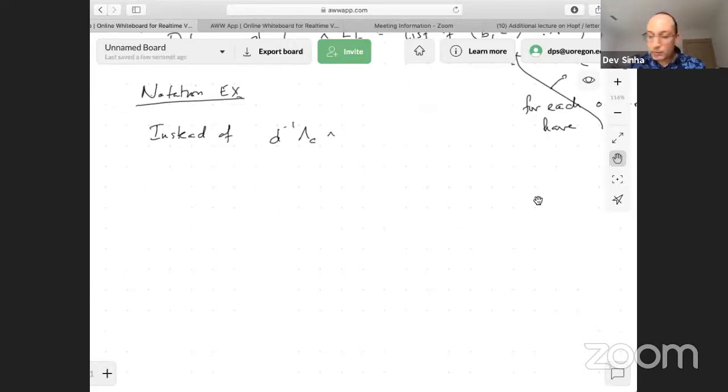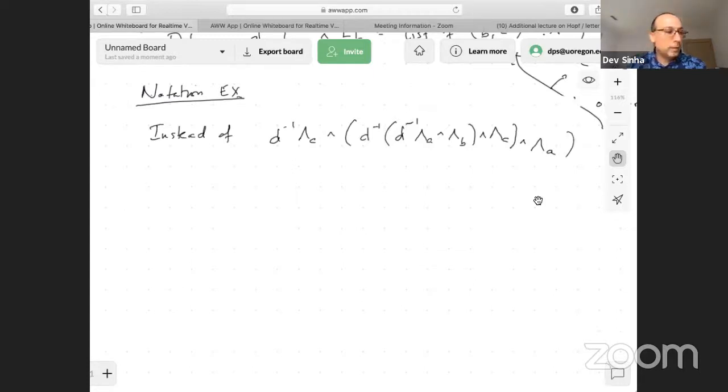And that other list looks as follows. I'm going to take D inverse of D inverse lambda A intersect lambda B intersect lambda C, and then that's intersect lambda A. So that's a mouthful. There's a lot of D inverses.